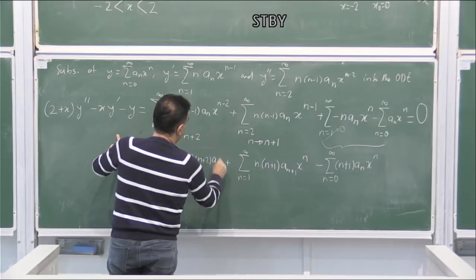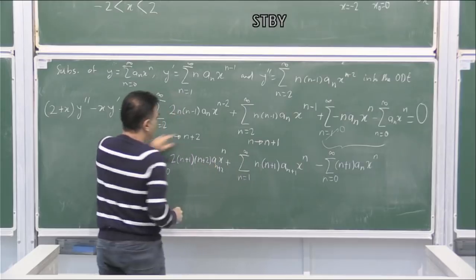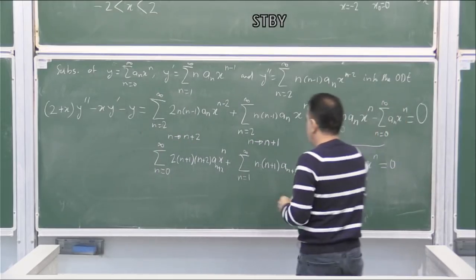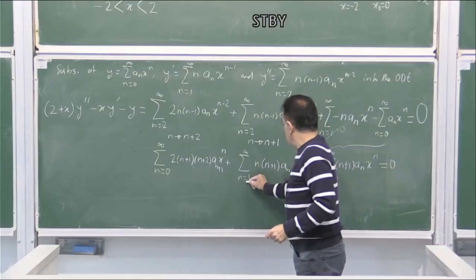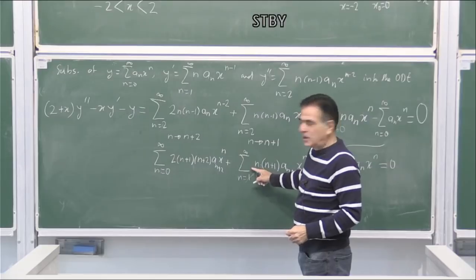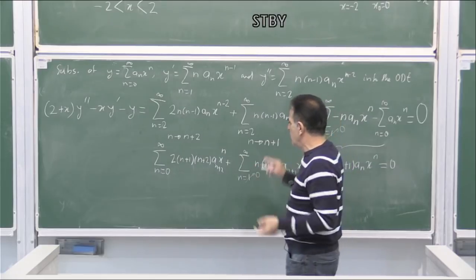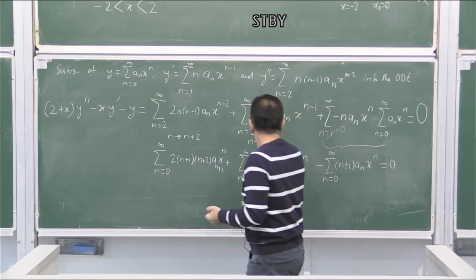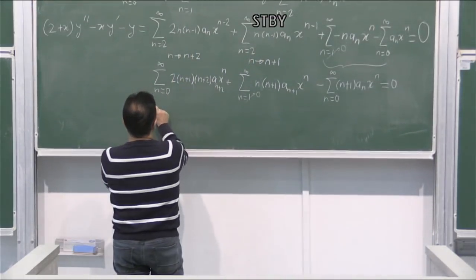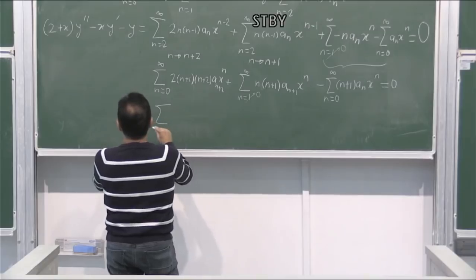An plus 2 x to power n. Okay? Must be equal to 0. So again, this term may be started from 0 without any trouble. At 0, we add 0, no problem. And therefore, all the 3 series may be written under 1 sigma sign.